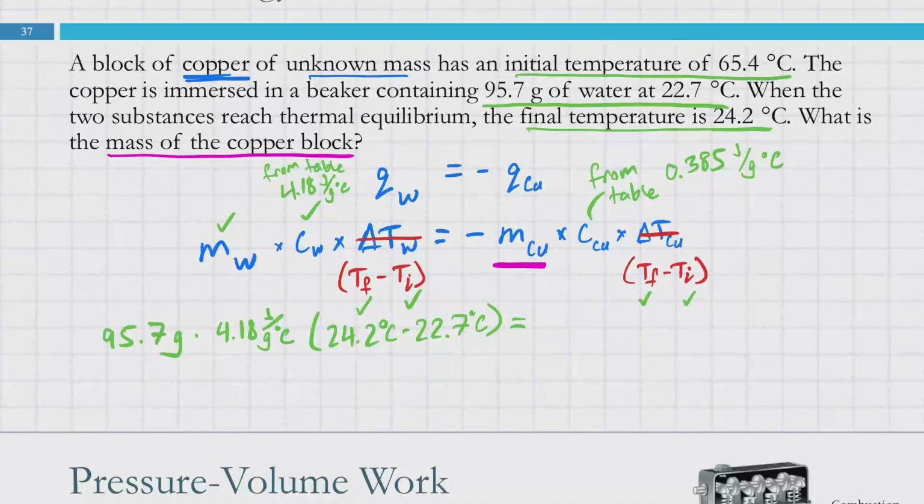And then on the other side, we've got negative mass of the copper times c copper, which is 0.385 joules per gram degrees Celsius, times Tf minus Ti, 24.2 minus 65.4.